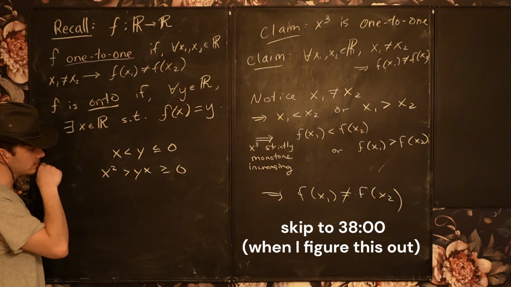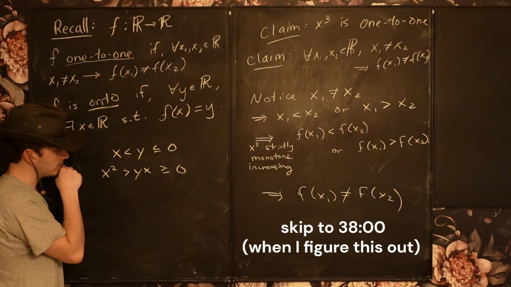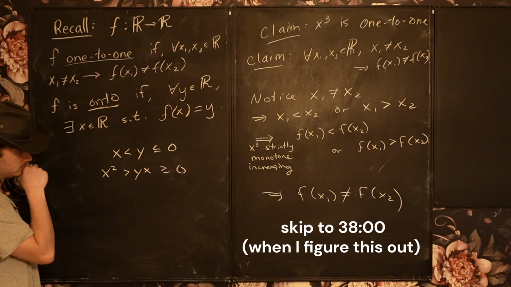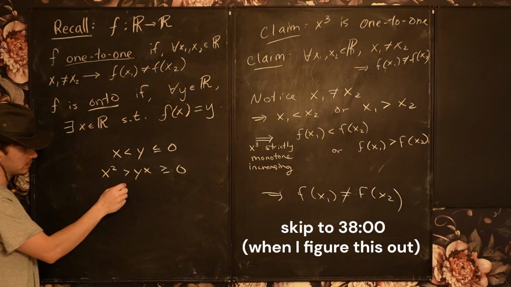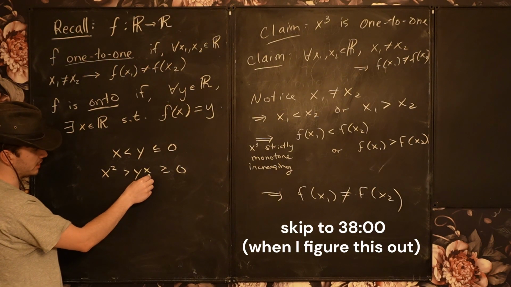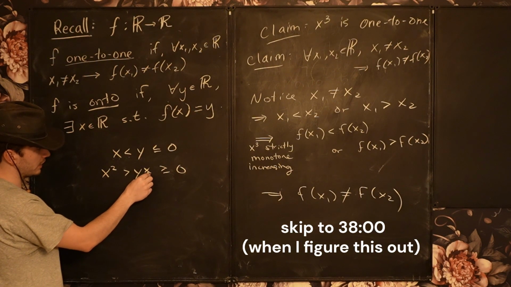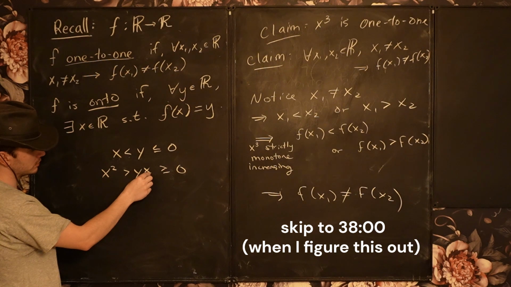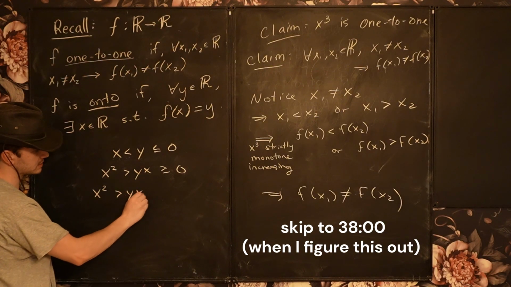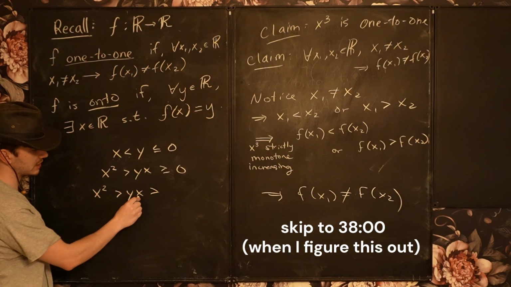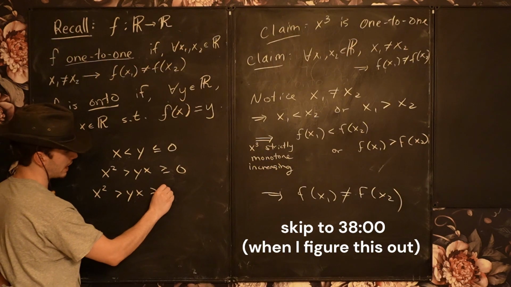Okay, now, if I multiply by, now I want a y squared in here. So I know that x is less than y. So this expression, so I should have x squared less than y times x, and then I should actually be able to replace the x with a y here.